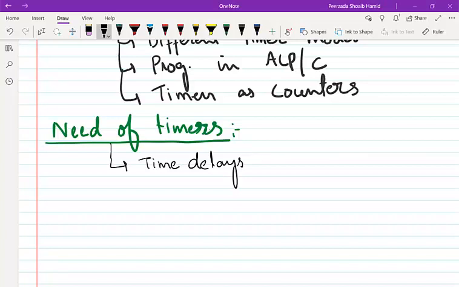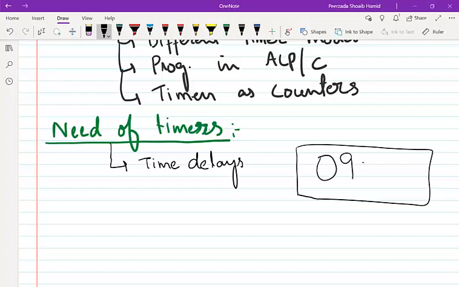For example, in a digital clock, we must know the exact amount of time between two seconds. Say a digital clock displays time like this: 09:36:43. This is the present time.